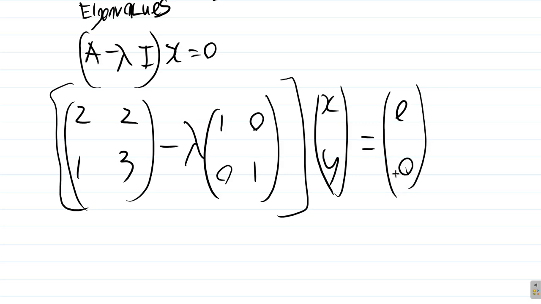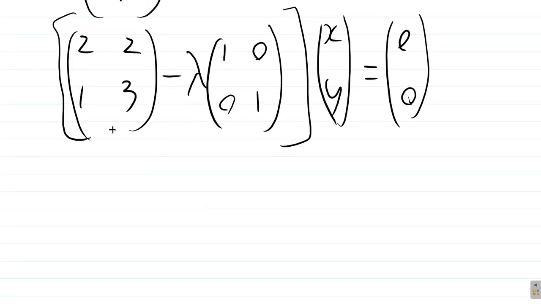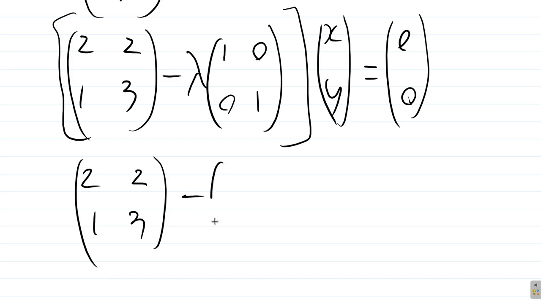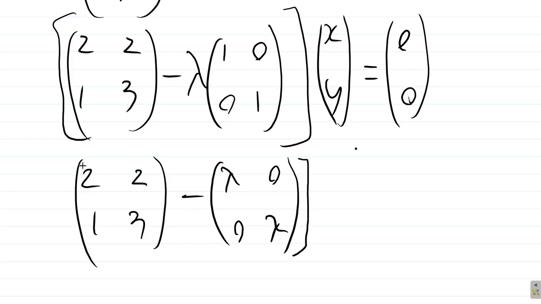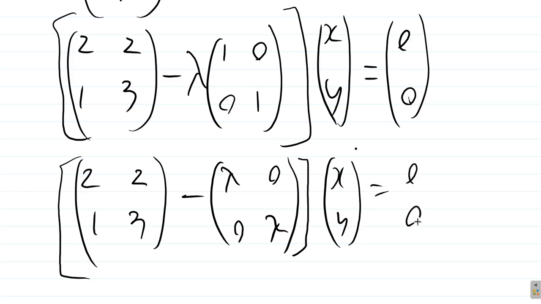The 0 is really a vector. It's all vectors here. So, rewriting this part, we have 2, 2, 1, 3 minus lambda 0, 0 lambda, after you multiply the lambda by the identity matrix 1, 0, 0, 1, times x, y equals 0, 0.